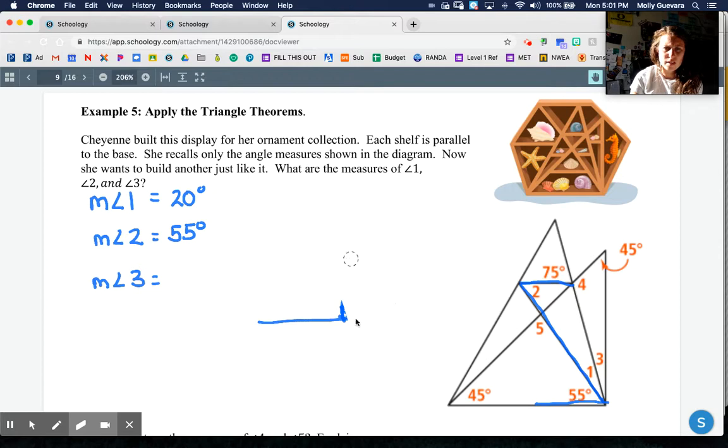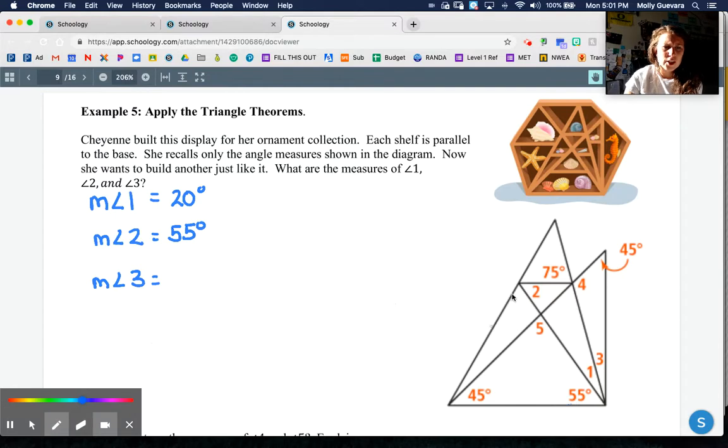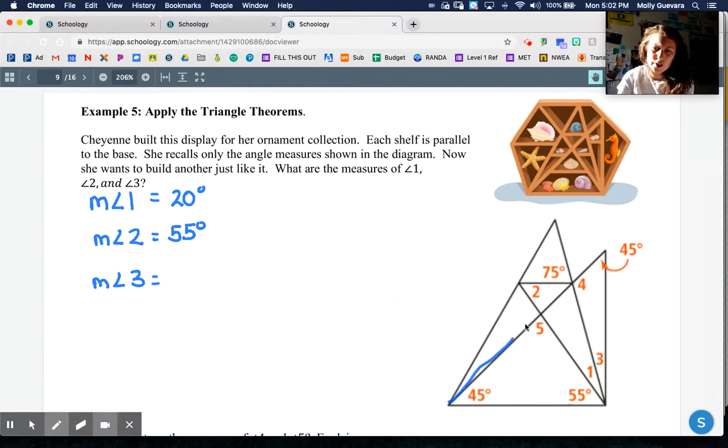Okay. So then the last thing we need to find is angle 3, which is this little guy right there. So what I'm going to do is I'm going to look at this really big triangle. I'm going to look here and here and here. Okay, because I'm given now the 3 angles.